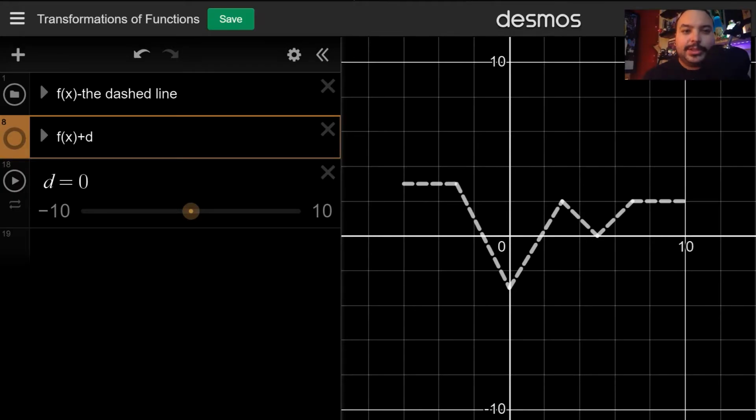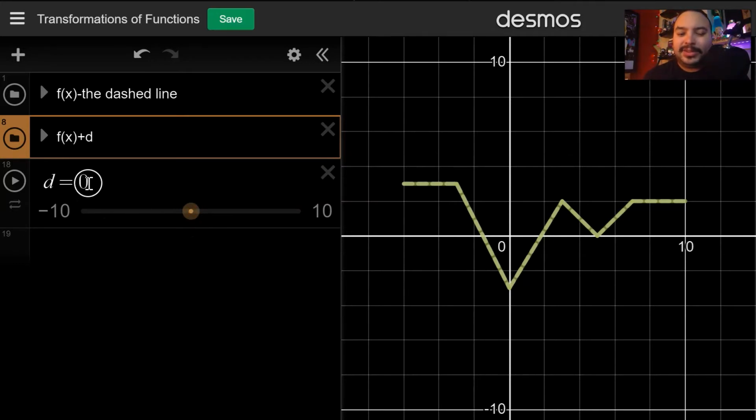Okay, so now we're going to use the Desmos graphing calculator to take a look at the parameter d. The dashed line here in white will represent our original function f of x. This green one, or yellow highlighter color, will represent our transformed function. Okay, so as we change the value of d using this slider, it's going to change the graph in different ways. Let's try making d greater than 0.